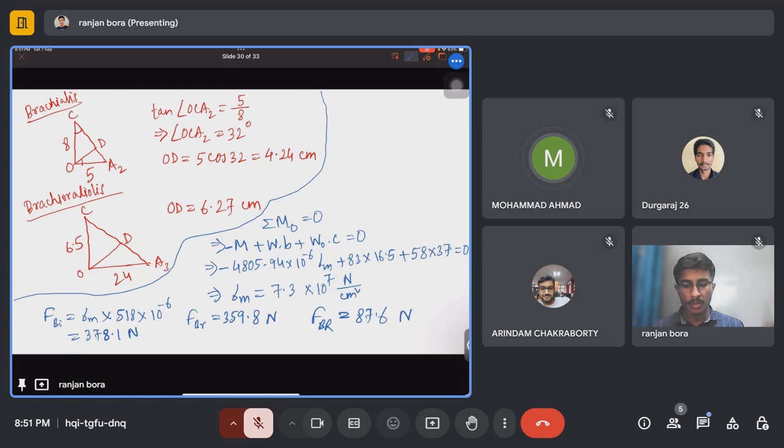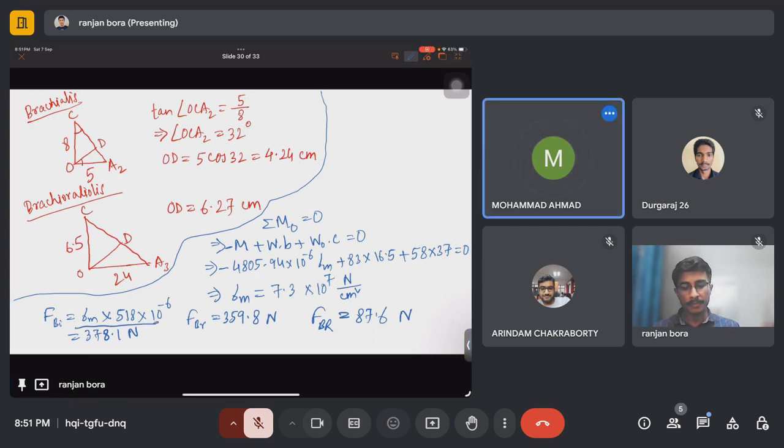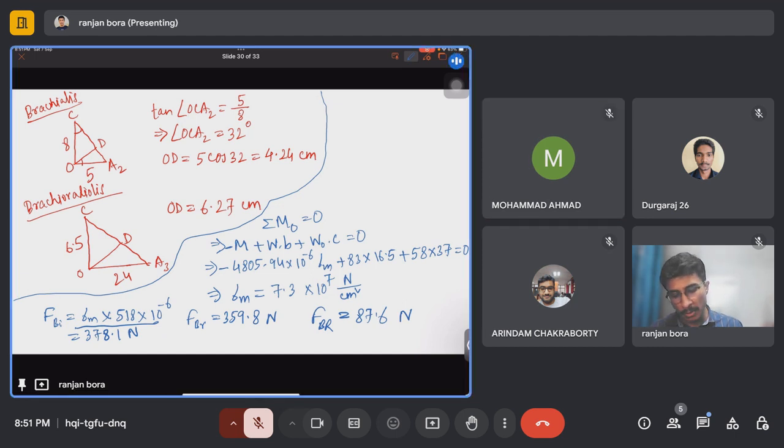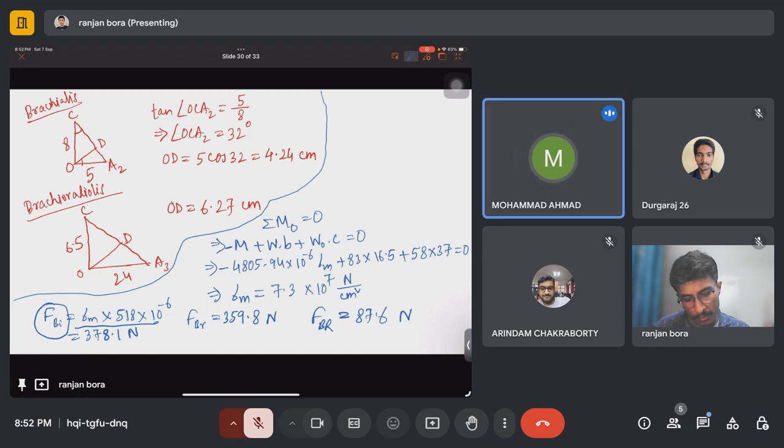Means you are asking how we have got this formula, sigma m into. No, no, I have got it. Okay, okay. So here, if it is 10 power 7, how much are you getting for FBI? This force, how much are you getting? So I am telling you. Okay.